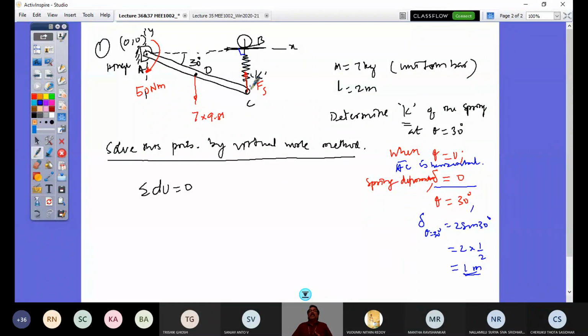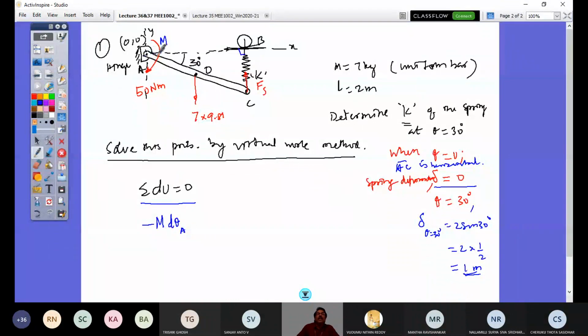Then I can write my virtual work principle by this simple statement. Sum of delta U is 0, and that would be given by, first, there is a couple M, and that's a clockwise couple. So let me take clockwise couple convention as negative, into d theta A. This d theta is at point A. How do I represent the orientation of this bar with this reference?